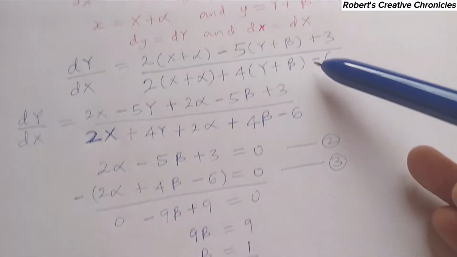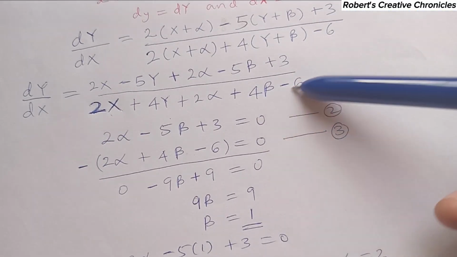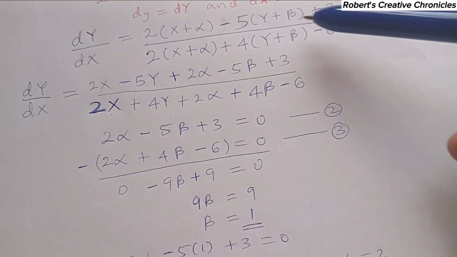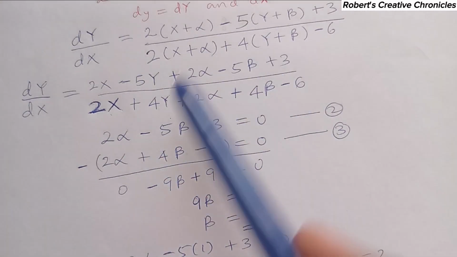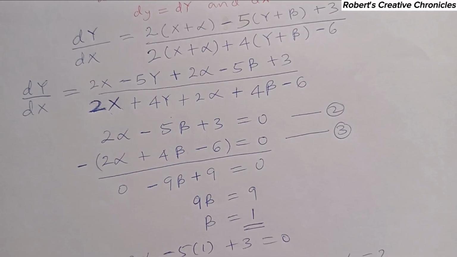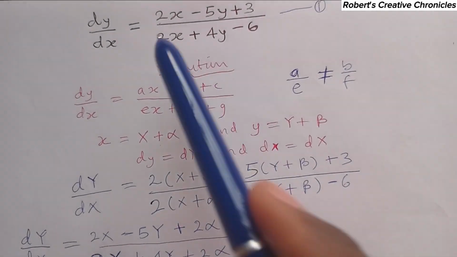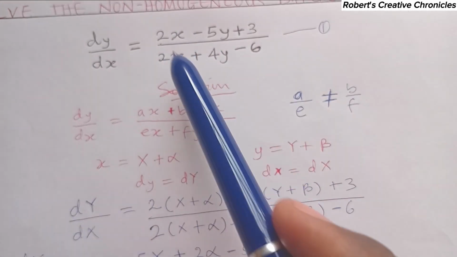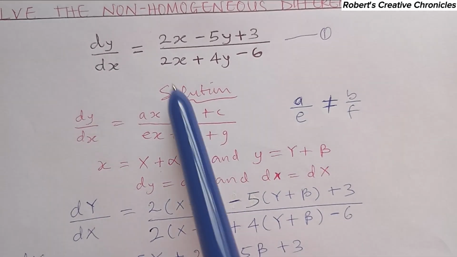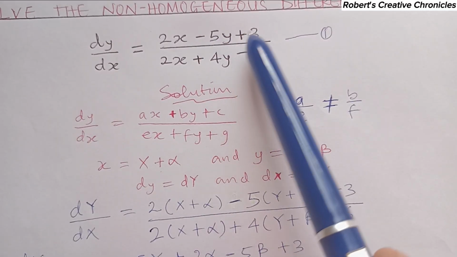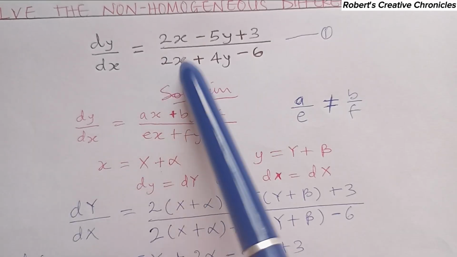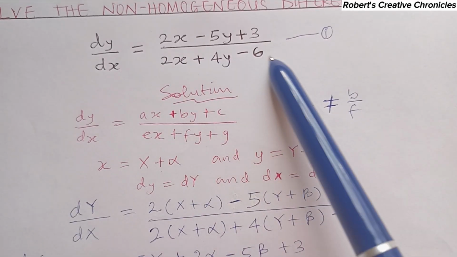So most textbooks usually ignore this first and second step, because they know that anyhow it will still give you the same answer. The signs will not change. So if you even see this one, you can form two simultaneous equations directly by saying 2, you change x to alpha, minus 5, you change y to beta, plus 3 is equal to 0. Then 2 alpha plus 4 beta minus 6 is equal to 0.